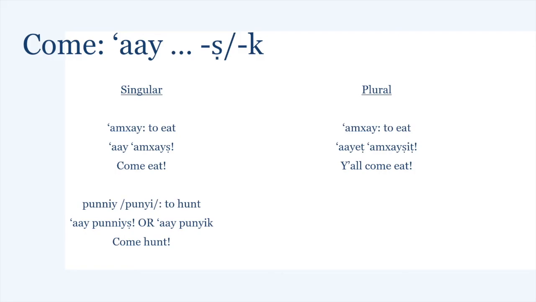You can just keep the surface form. Puni. I bunish. So it doesn't need to change. But when you put the K, you have to put the underlying form. I bunyik, not bunik. So make sure when you put the K, I bunyik, come hunt.